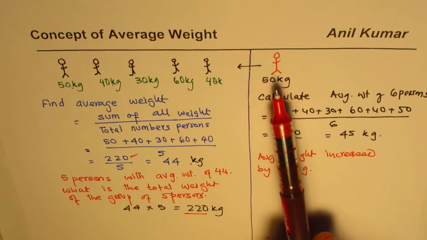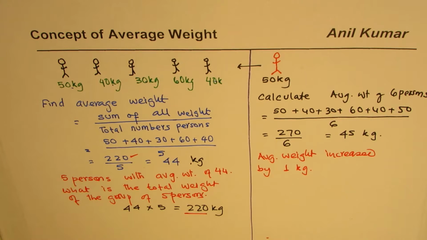Since there were 6 persons, it went up by 1 kg. You get an idea, right? So that is how the average of weights works. By adding a person, the average weight changes, and it really depends on the weight of the person added.